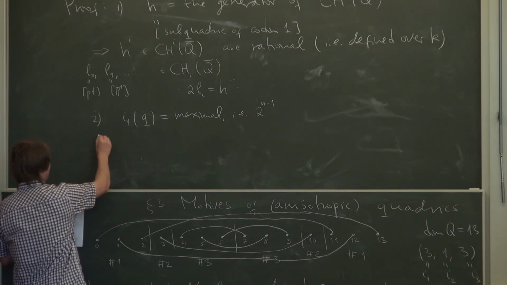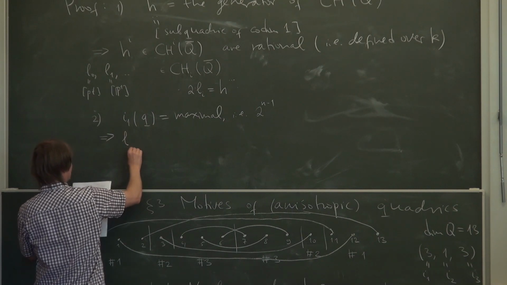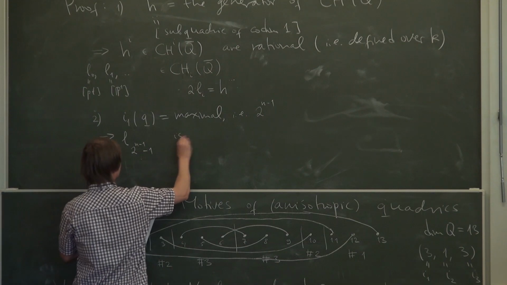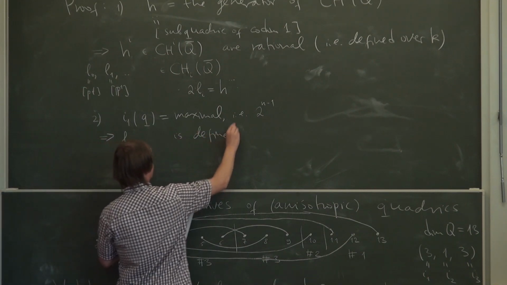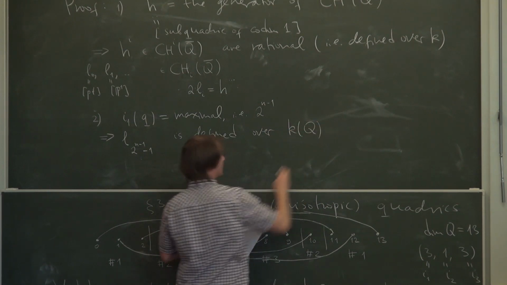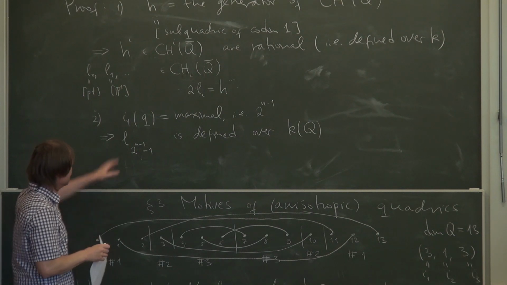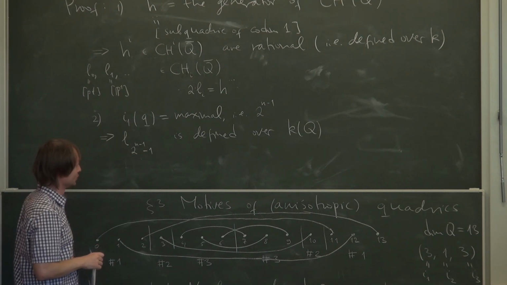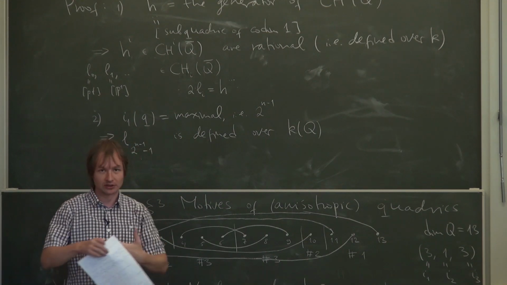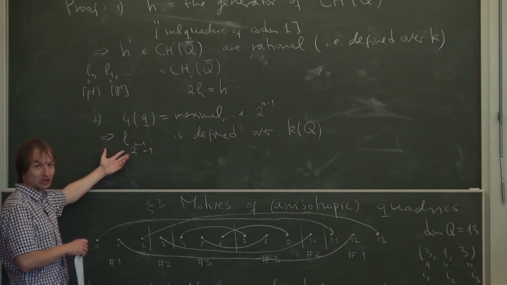And this implies that the class of 2n minus 1 is defined over the function field of Q, just by the very definition of the first Witt index. So over the function field of Q, there is a totally isotropic subspace of this dimension, but this is the definition of l.